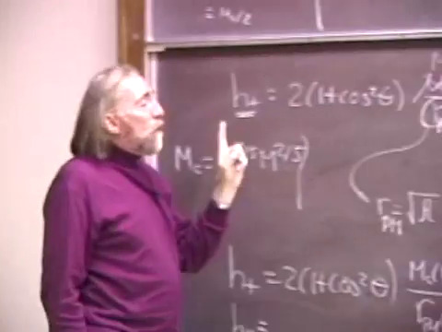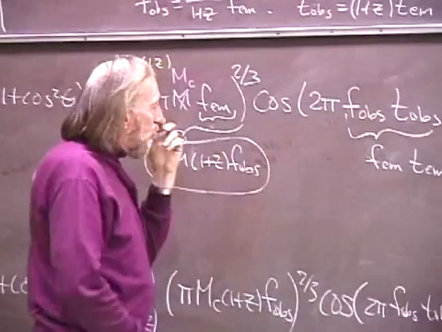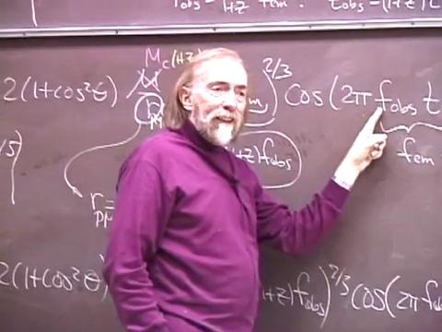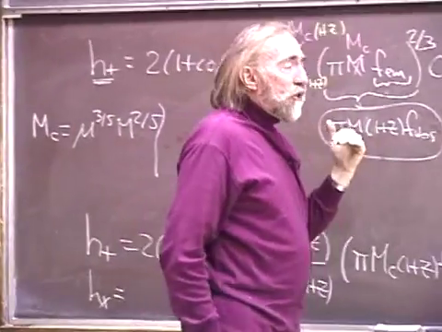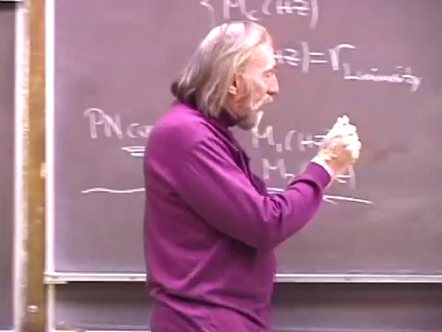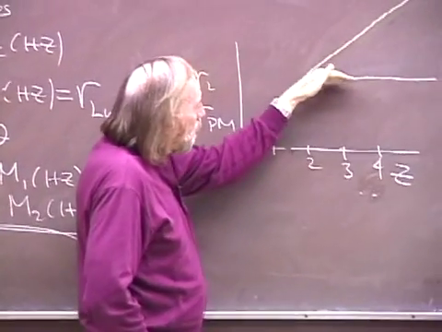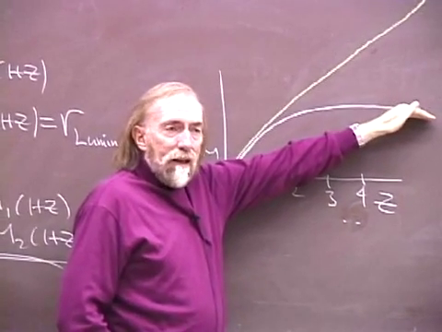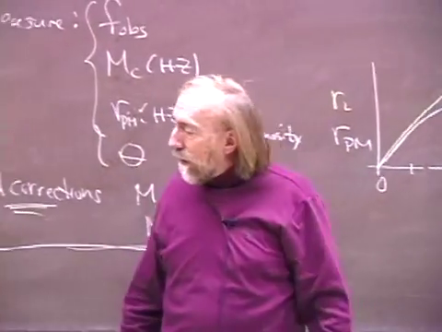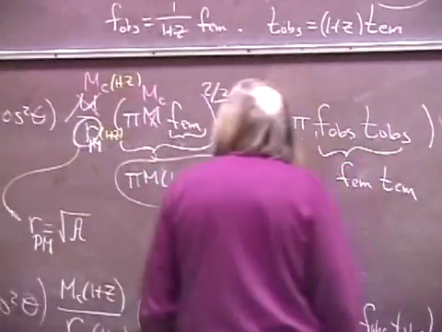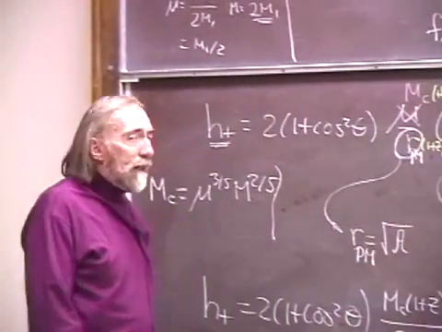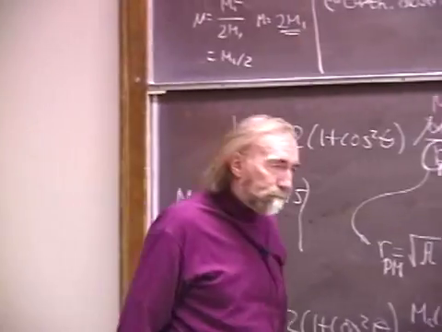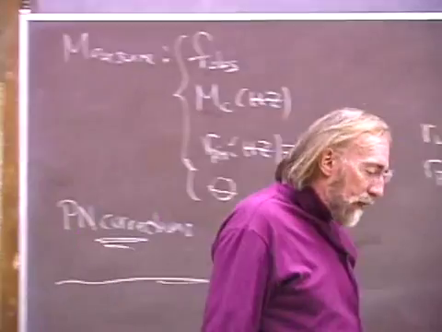So as you go to larger and larger redshifts, the waves get redshifted, the observed frequency gets lower and lower. But the overall amplitude of the waves just doesn't change much for the same source as you go out to larger and larger redshifts. And so that basically means that you can really see these sources that have these very large signal-to-noise ratios at a redshift of unity. You really can see them out to redshifts of 10 or 30 just fine. Okay. Any questions?